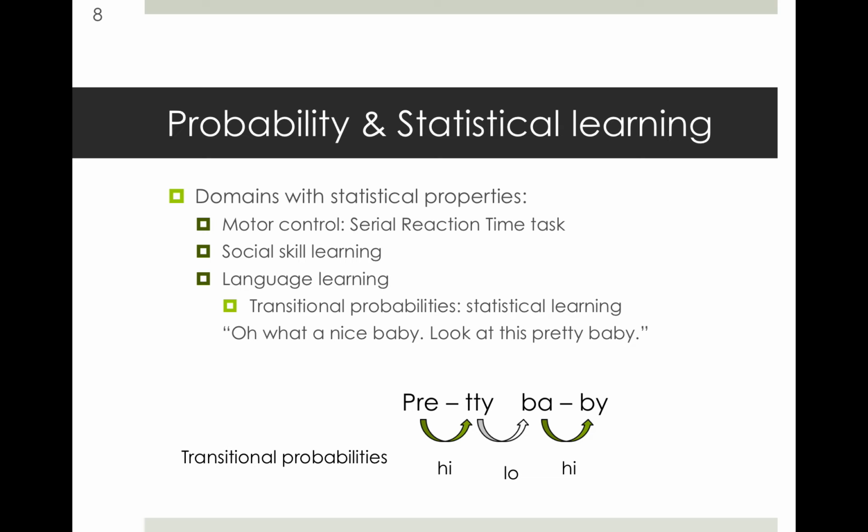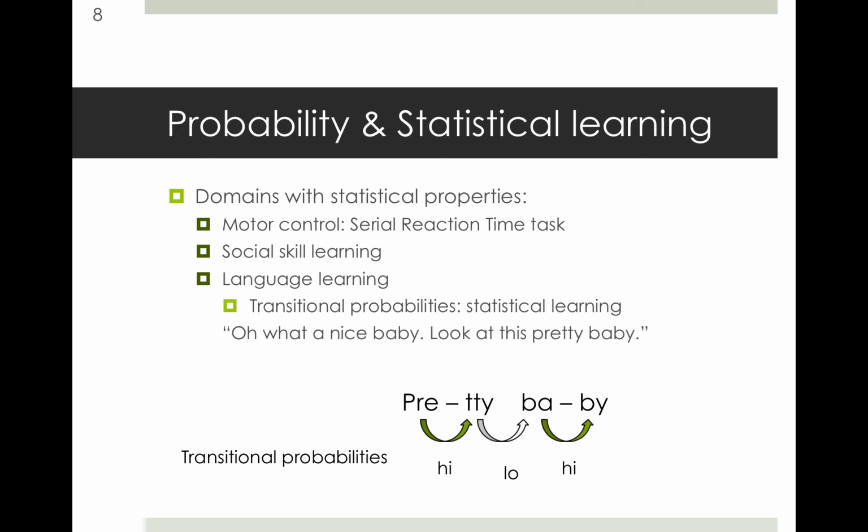And so every time the syllable B comes up, it is preceded by the syllable bay. So the transitional probability of B given bay is quite high. And every time the word pretty shows up, every time you hear T, that's preceded by the syllable prit. So again, the transitional probability of T given prit is quite high.